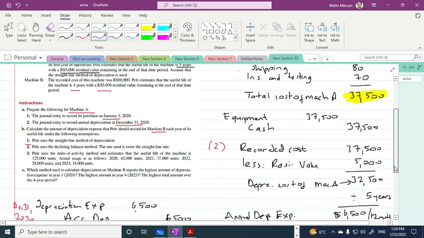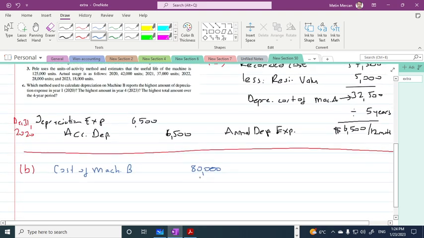But in this B, it's given as a sum. We know already to subtract the residual value, which is also 5,000. So then we find the depreciable cost of the asset.